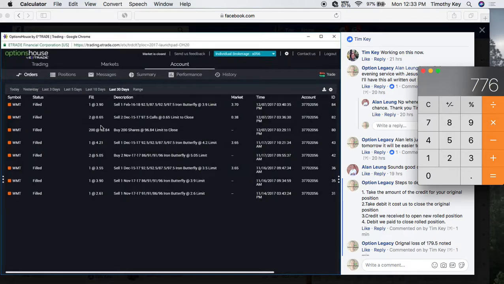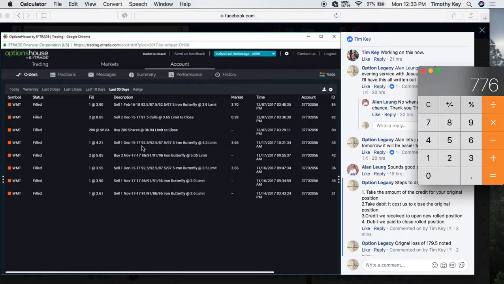So since we can't see the actual cost of this, and they're not in relation to these other prices, we used the market's price at that current time for the December 15th 92.50, 87.50, 97.50 iron butterfly, and that gave us a value of $3.90. So as we close this, we are saying that we close this for $3.90 per contract.